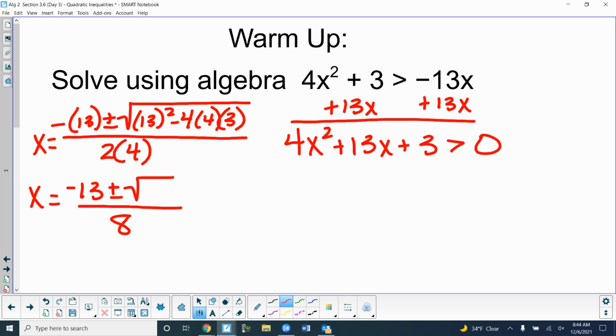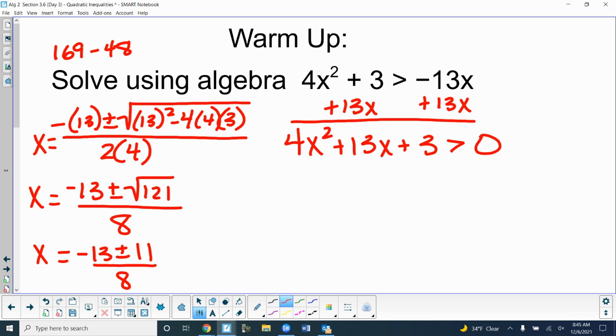So 13 squared was 169. Negative 4 times 4 is a negative 16 times 3 is a negative 48. So that gives you 121. That's a nice number because that's a perfect square, right? So this is negative 13 plus or minus 11 over 8.